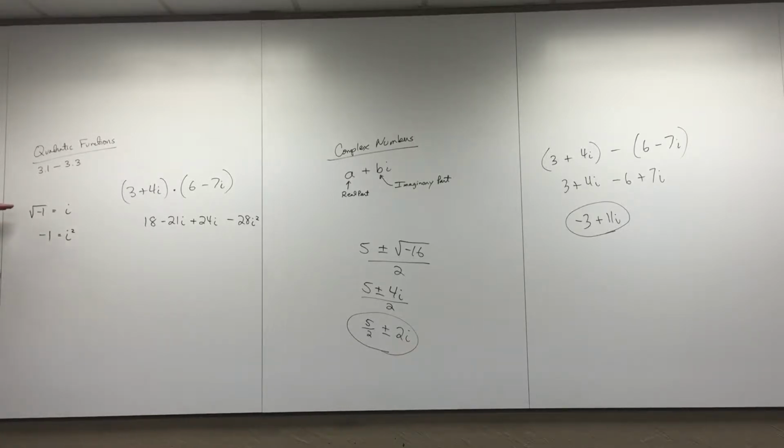I don't know how your brain works, but you can work forwards or you can work backwards. Look, if you were staring at this and decided to take the square root of both sides, i would equal the square root of negative 1. If you started with this and square rooted both sides, you'd end up here. If you start here and square both sides, you end up here.